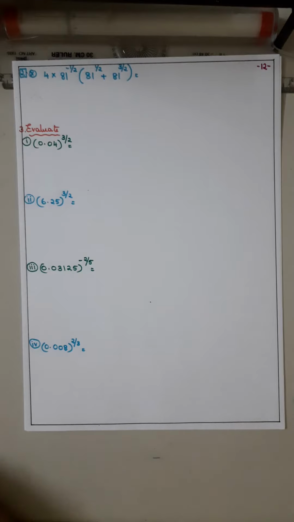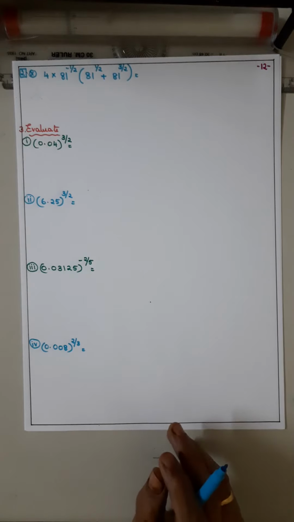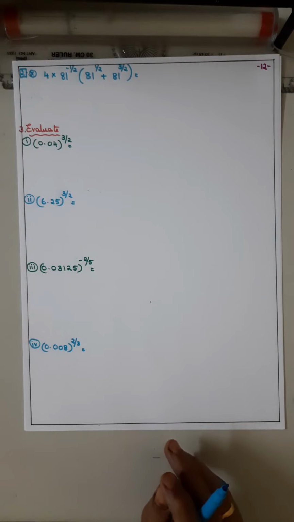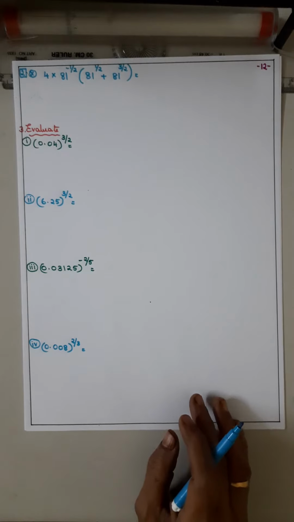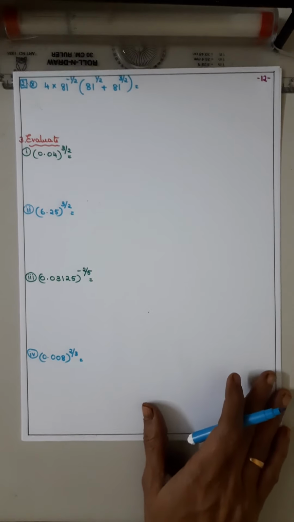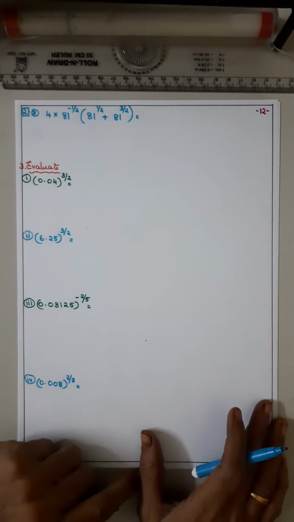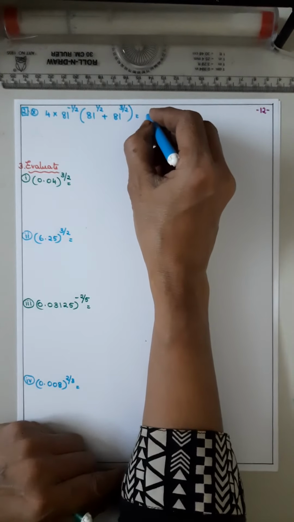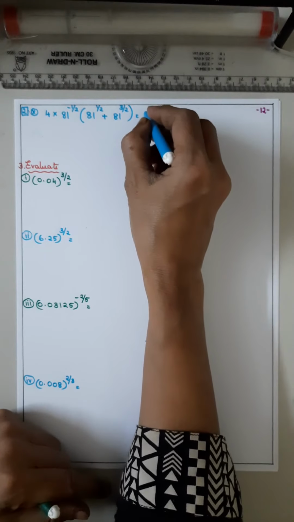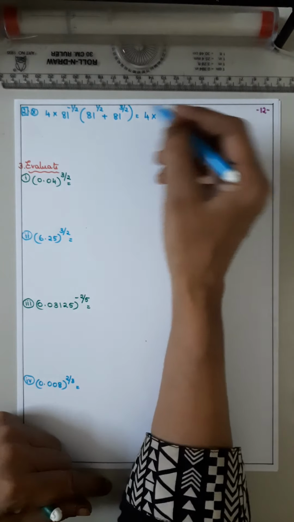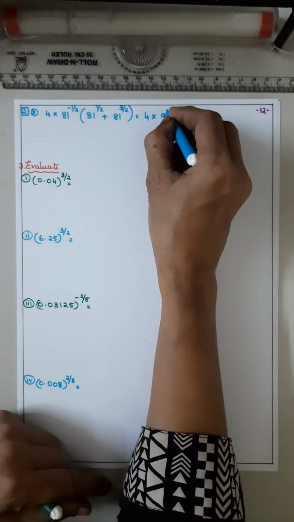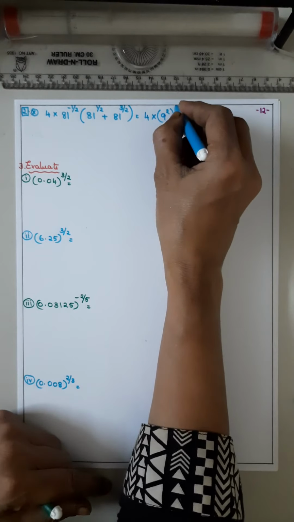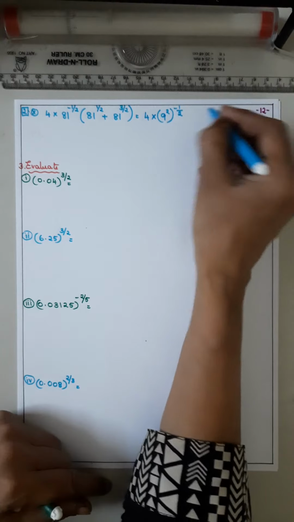It is 4 into 81 to the power minus 1 by 2, bracket 81 to the power 1 by 2 plus 81 to the power 3 by 2. Okay. Now what will we do? It is 4 into 81 can be written as 9 square the power minus 1 by 2.